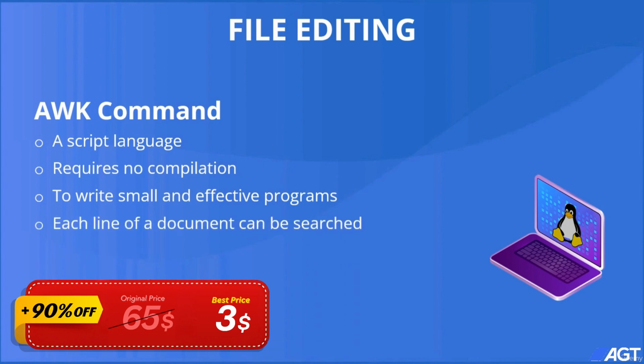Each line of a document can be searched, and actions to be taken when a match is found on a line can be defined. awk is mostly used for pattern scanning and processing. It searches one or more files to see if they contain lines that match the specified patterns and then performs the associated actions.